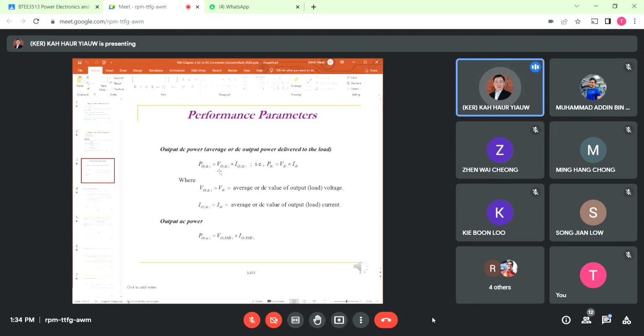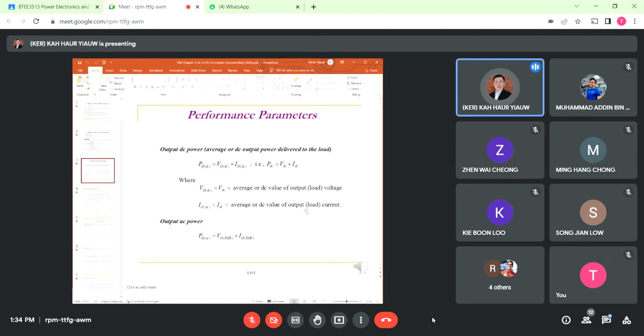Because after the rectifier, your waveform becomes a DC, even though there's a ripple, all of it has a positive value. So this is the average. The average is equal to V out times your I out, the output DC voltage and DC current. In short, normally we just write P_DC equal to V_DC times I_DC.